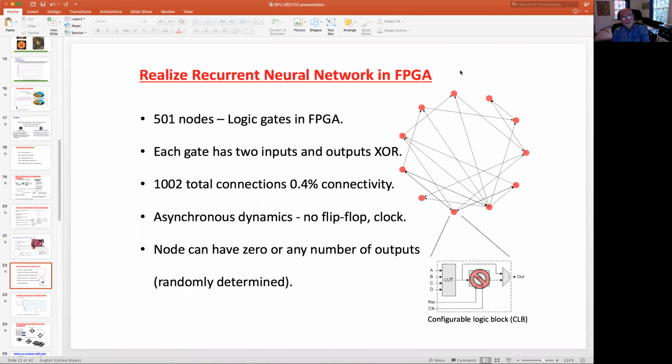Just to see what would happen, we made all of the logic gates exclusive ORs, XORs. They're 2 input devices, so there are 1002 total connections, so 0.4% connectivity, a large, sparse, random matrix. We developed a random adjacency matrix and used that to produce a hardware description language that the FPGA could use to reconfigure itself internally.